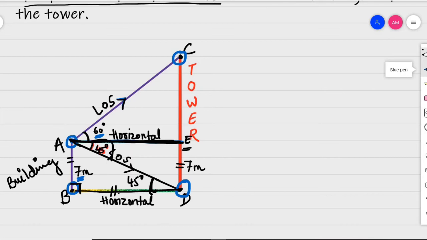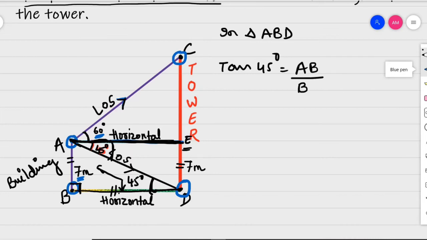Let us take triangle ABD into consideration. Now in triangle ABD, tan 45 degree will be equal to opposite side over adjacent side. Opposite side is AB and adjacent side is BD.